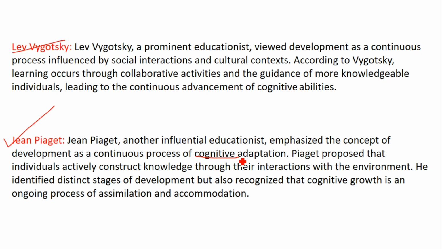When we study Jean Piaget we will learn this in detail, but always remember these terms are very important: assimilation and accommodation, used by Jean Piaget. When we discuss his theory, we shall discuss these words. As of now, only this much in this slide, right? Then let's see next what we have.